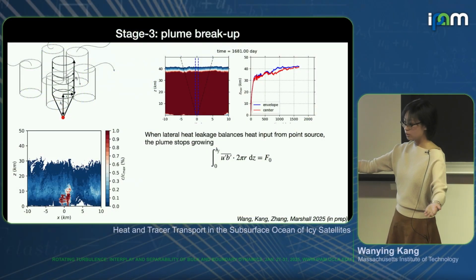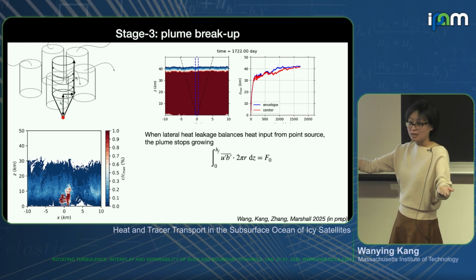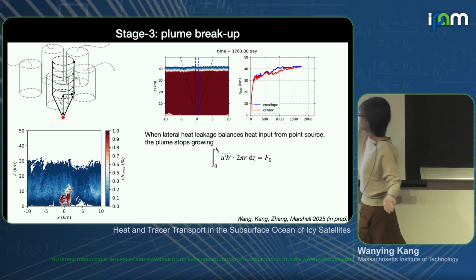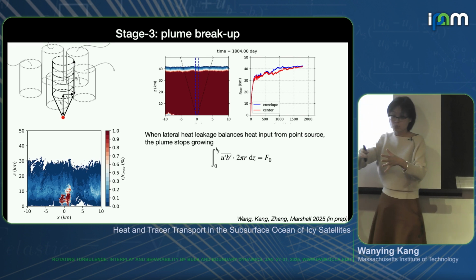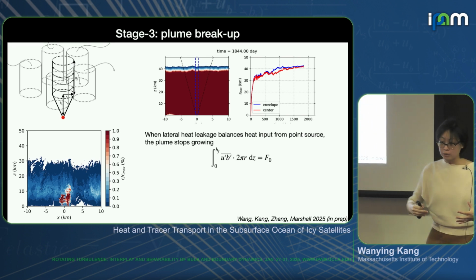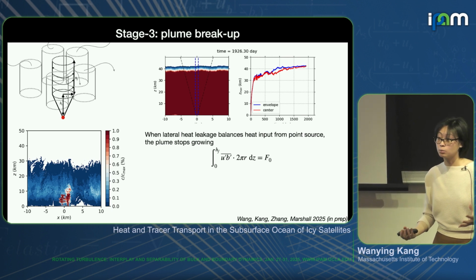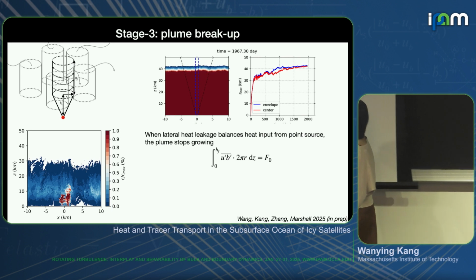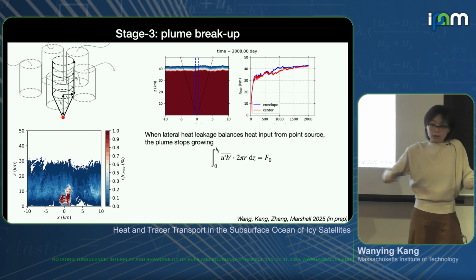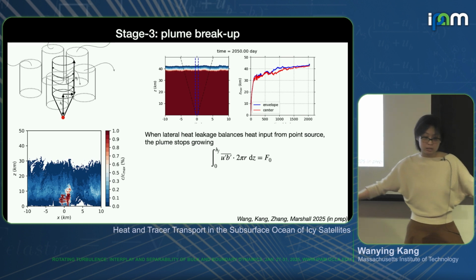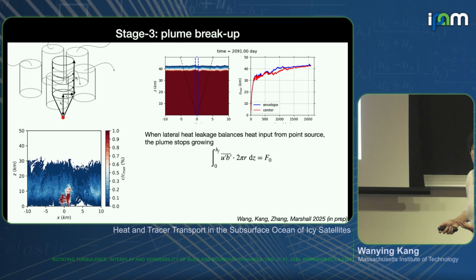And when the lateral heat flux, U prime B prime 2 pi r dz, equals the heat supply from the bottom, which is F naught, then all of the heat is leaked to the side, and the plume cannot grow anymore.